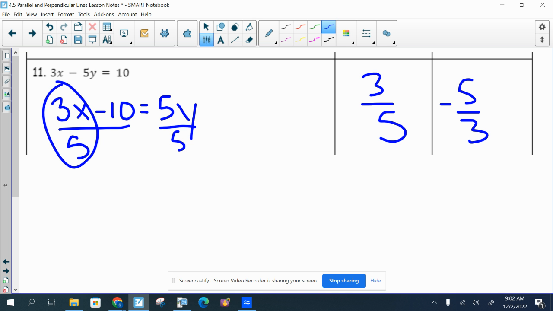The good news about these lessons is that the process is not new for writing equations of parallel and perpendicular lines. It's just like how we did it in 4.1 and 4.2, where we plug our given information into point slope form or slope intercept form after we find out what the slope is.